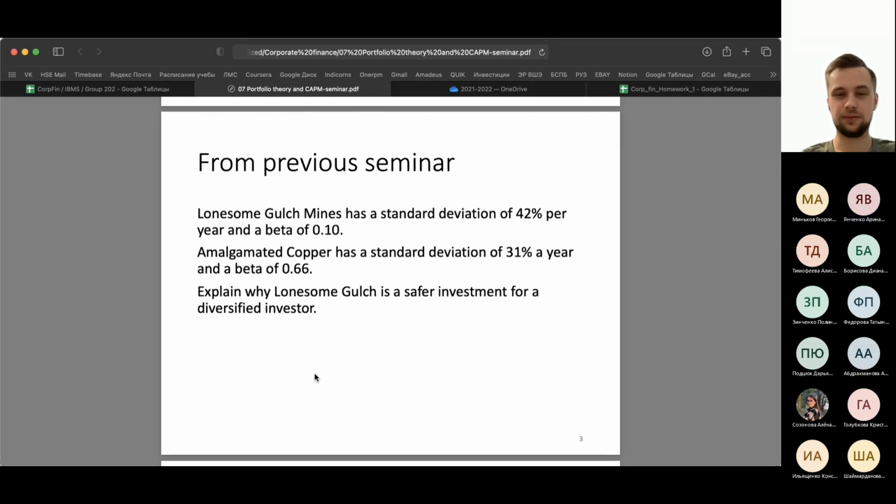Oh no. Beta is the measure of sensitivity to the changes of the market return, right? Yes, and the standard deviation is the measure of the specific risk for the company, right?